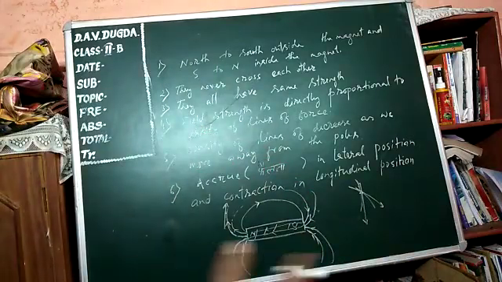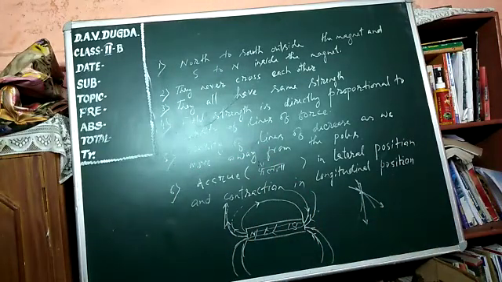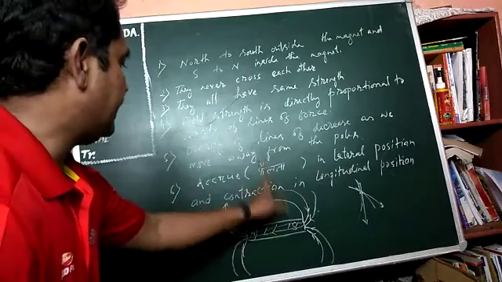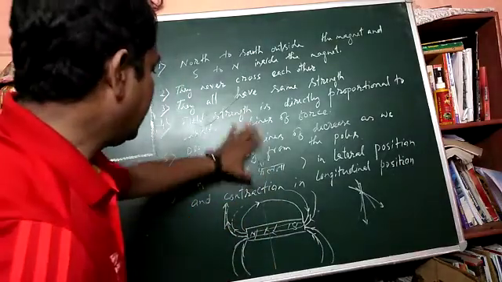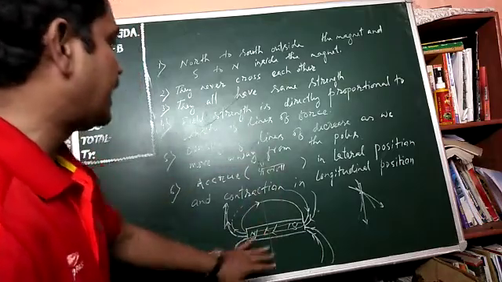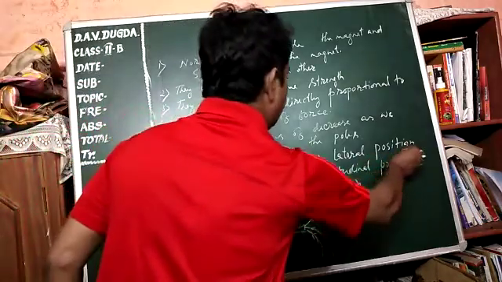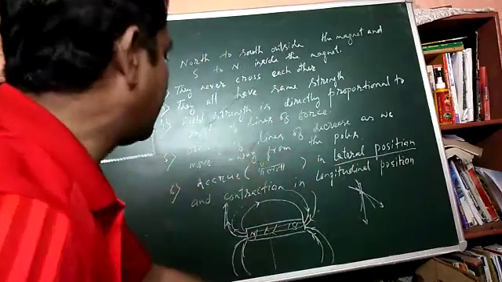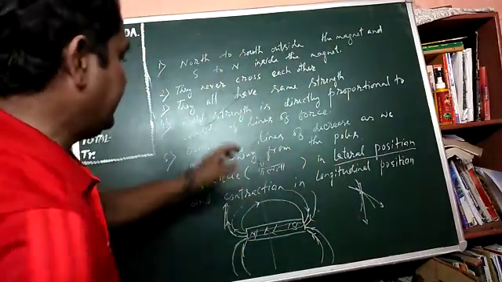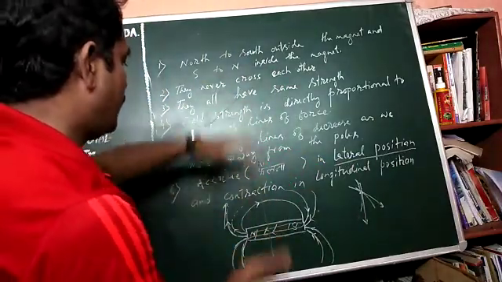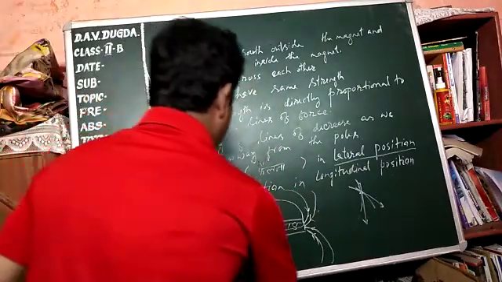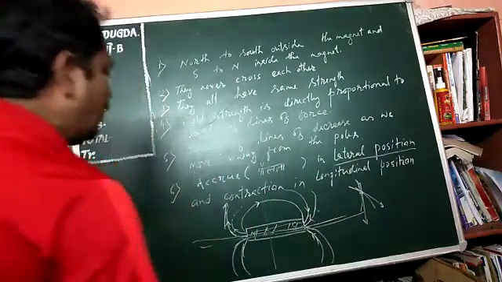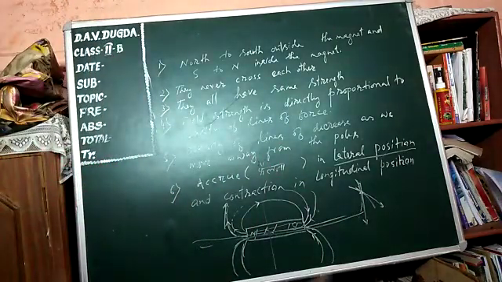You can see clearly that this equatorial line, or what we say the perpendicular bisector line, is called the lateral position. In this line they expand, and along the magnet these lines of force contract.